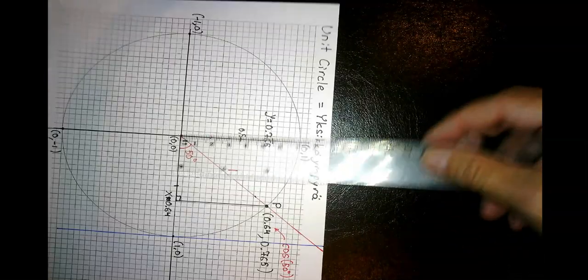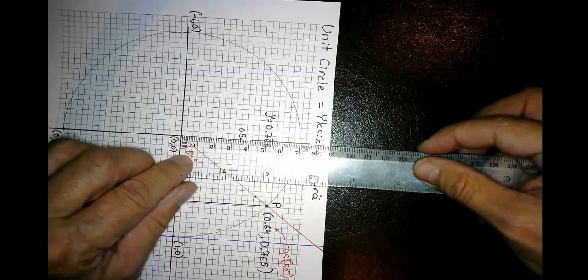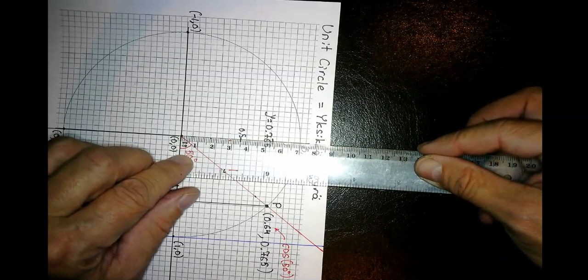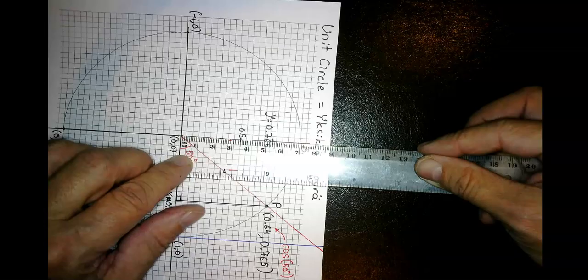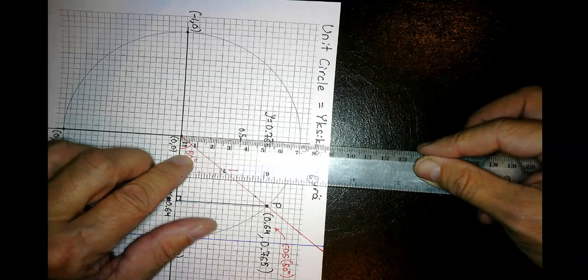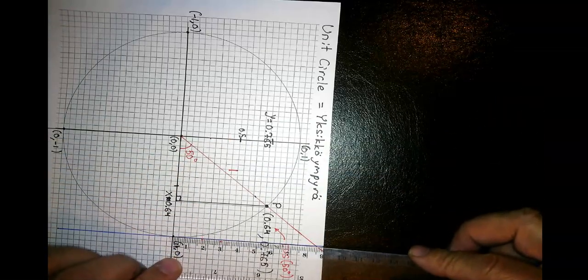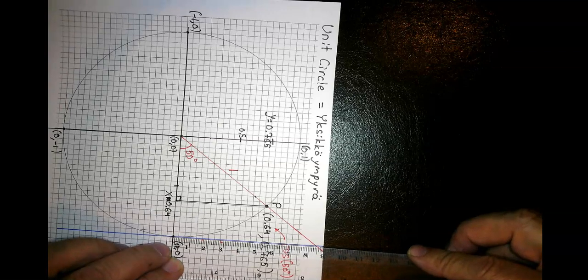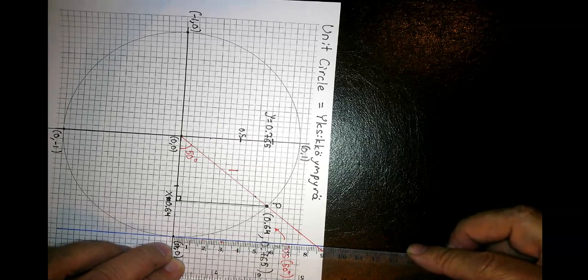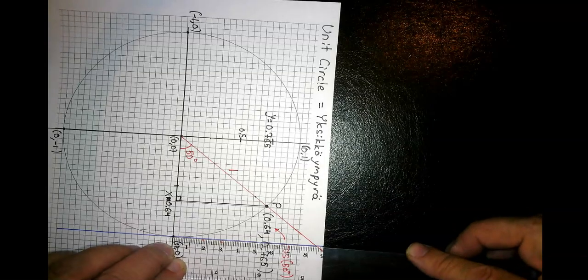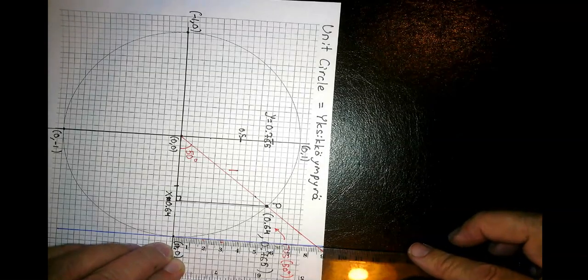The radius of this circle is quite near 70 millimeters, and the intersection point there is about maybe 84 or 85.